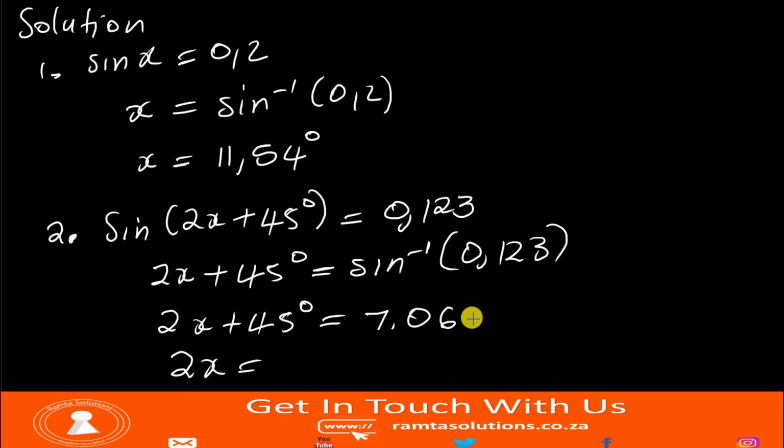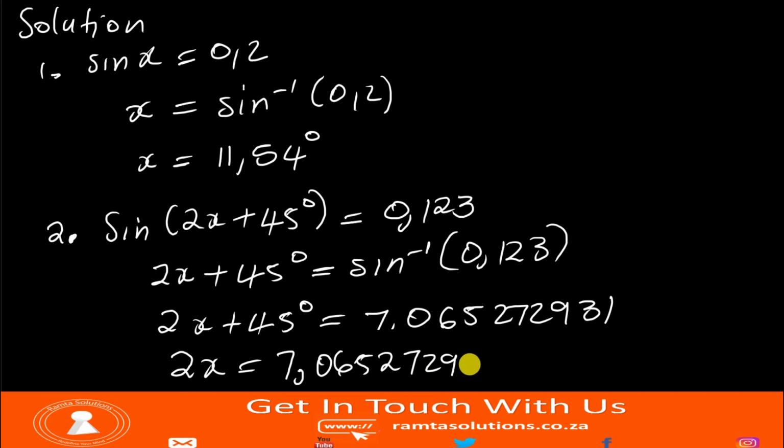So I will just say this is 7.065272931, which is 7.065272931 minus 45. Right? Oh, by the way, it's in degrees. Okay? Do not round off in the middle of your calculations.